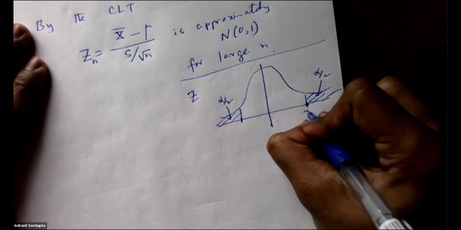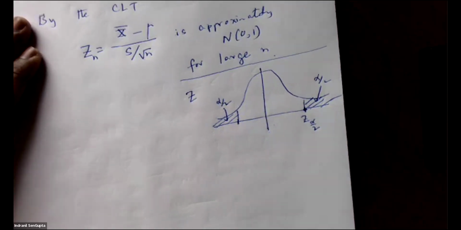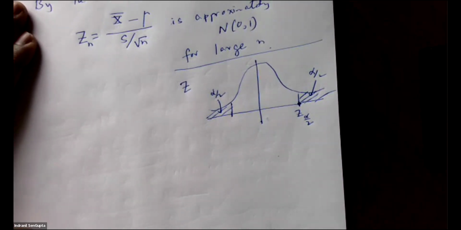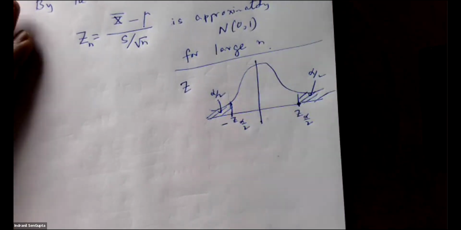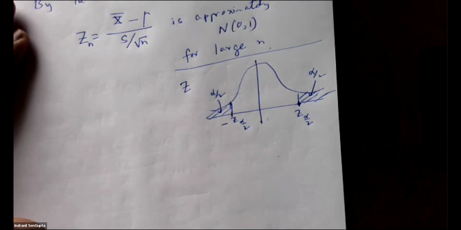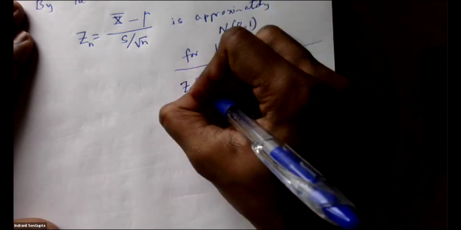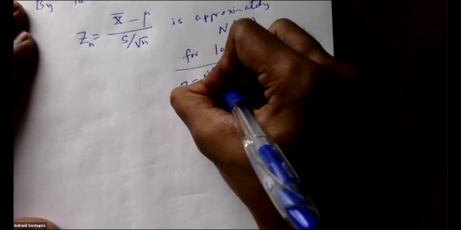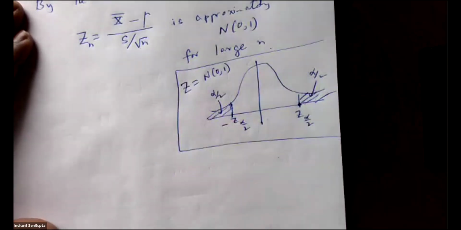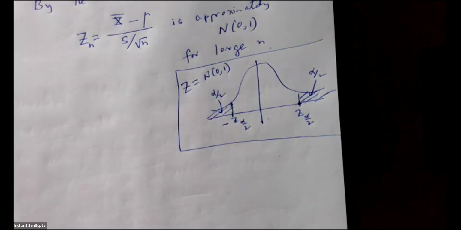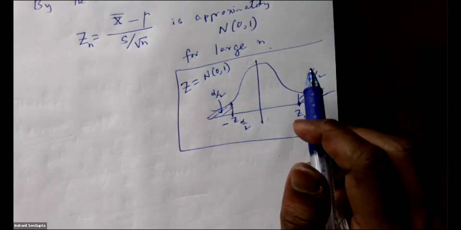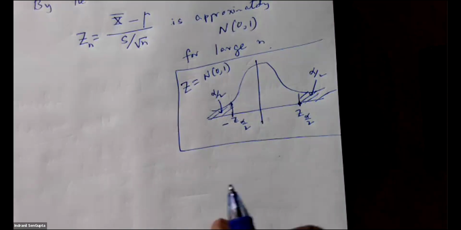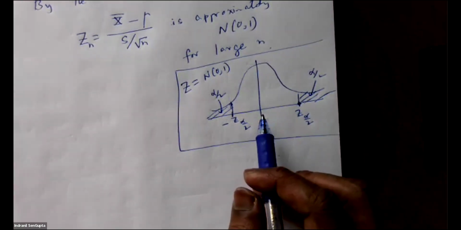We call this point z of alpha over 2, the critical point. Due to the symmetry, this is called minus z of alpha over 2. This is just notation. So for Z, which is standard normal, you have this entire machinery of Z tables, and you can compute whatever you want using those Z tables.